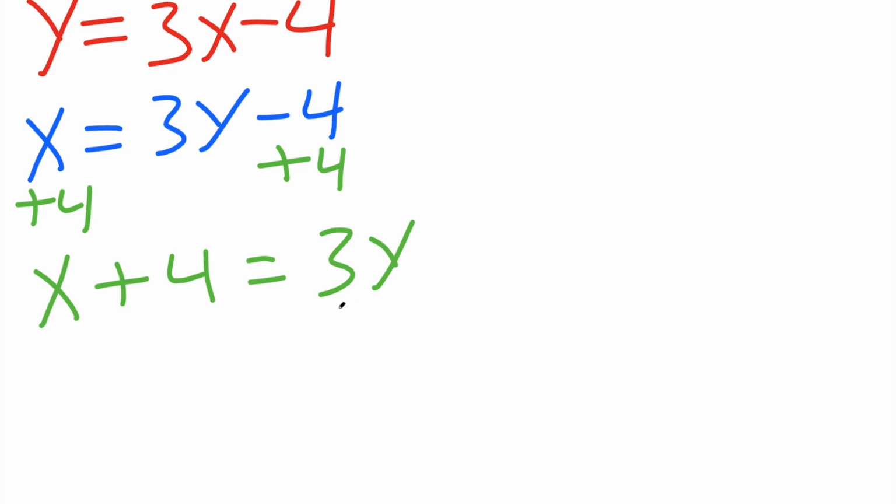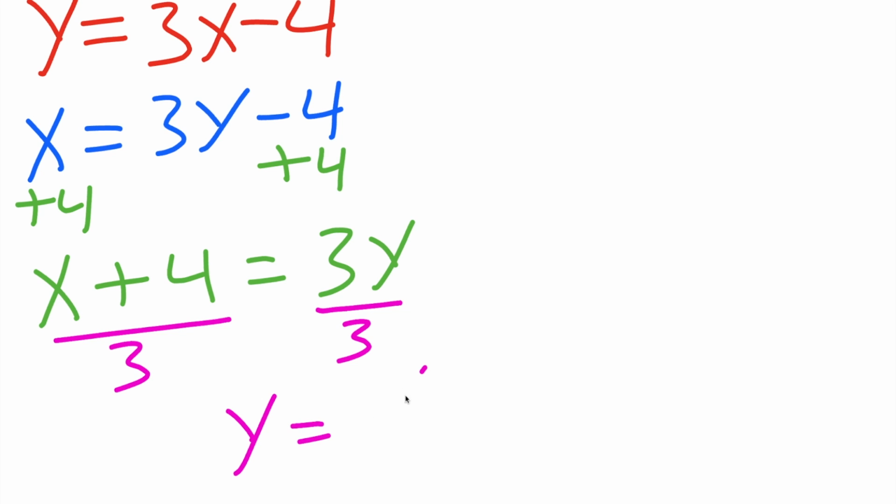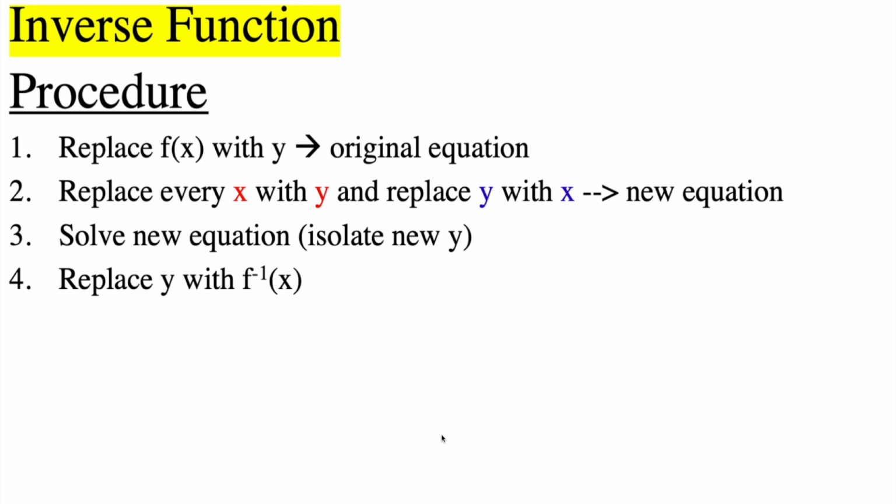So to get rid of the 3 in front of the y, we need to divide by 3 and divide by 3. And now we get y by itself because 3 divided by 3 is 1. So we get y is equal to x plus 4 divided by 3. So that was our third step, solve the new equation by getting the y by itself.